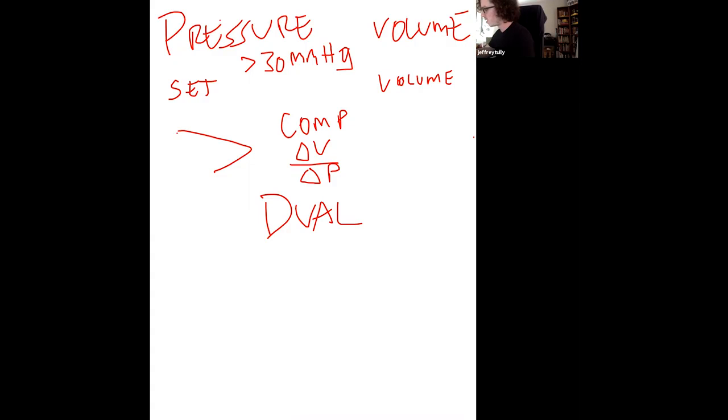You may also say, instead, I want to make sure that this patient, no matter what, gets 400 cc's of tidal volume. And the danger with that is that the ventilator will say, okay, I will give 400 cc's of tidal volume no matter what pressure I need to generate in order to do that. And that's something that can then lead to also lung injury, what we call volutrauma or barotrauma.